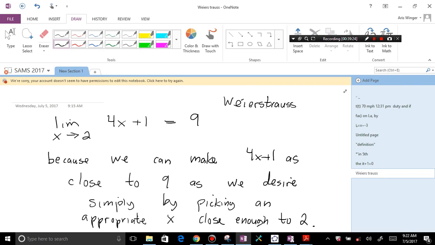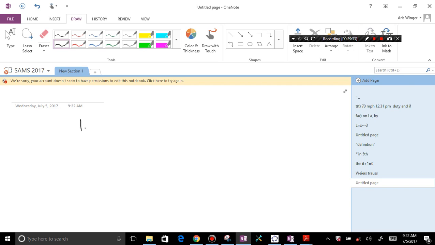In general, you can replace 4x plus 1 with f of x, 9 with L, and 2 with A. We'll do that. In general, when we say the limit as x goes to A of f of x is L, this is question number probably 2 or 3 on the test. Define, write in words what this means.